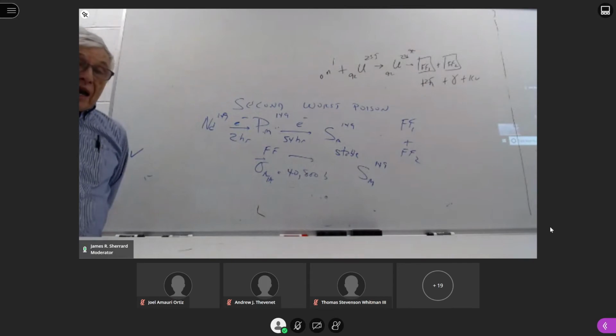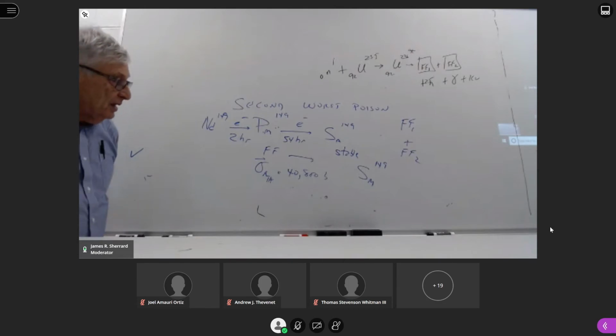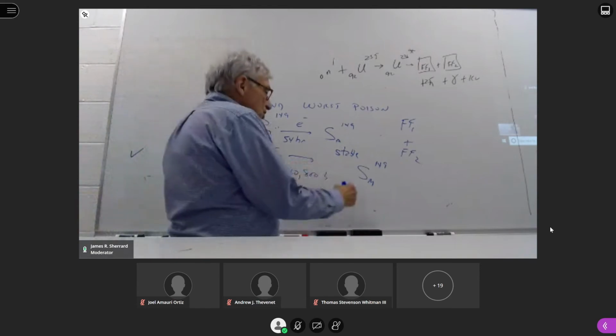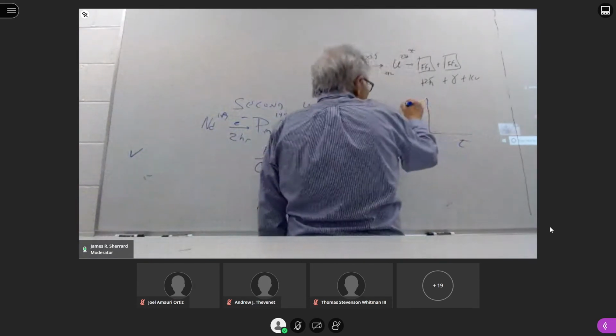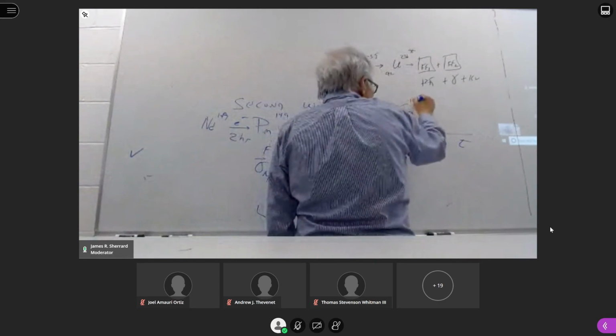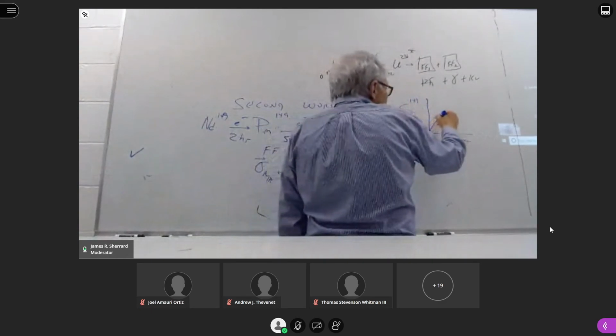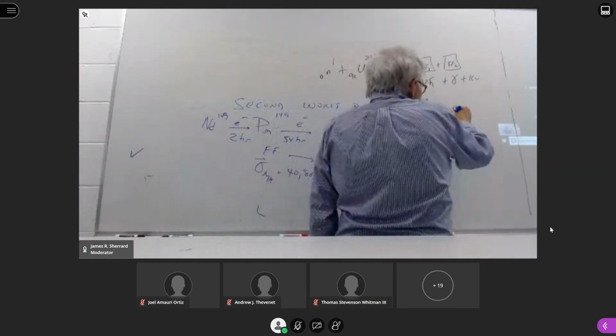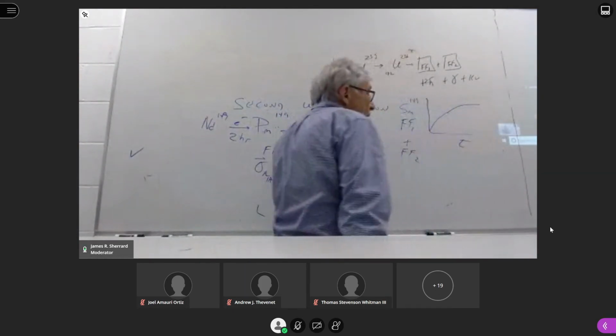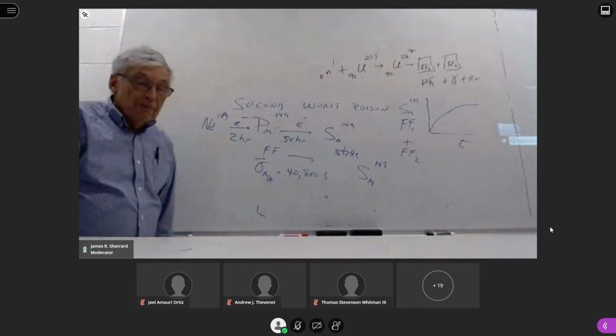You might be able to neutron activate a little of it, but it's not an isotope that is readily activated by neutrons. It's stable. So if you did a plot of time versus samarium-149, it builds up over time, and after quite a bit of time, it plateaus.